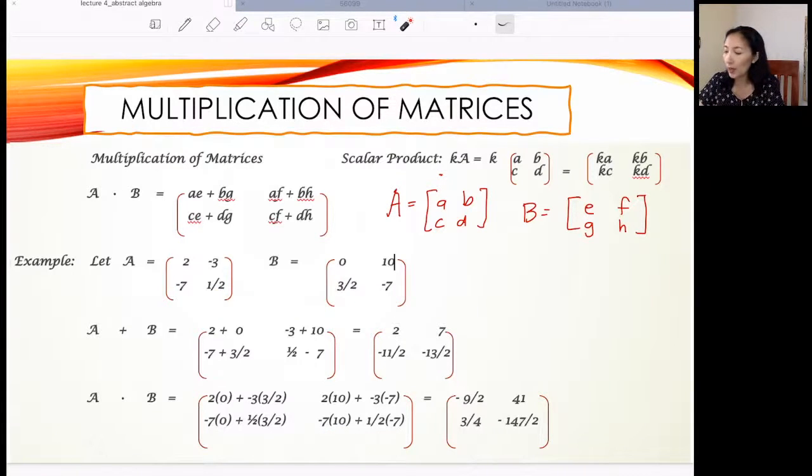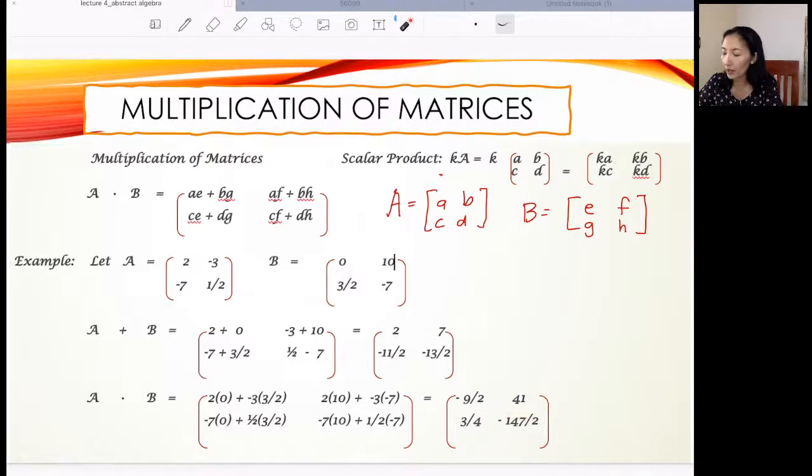Okay, which when simplified gives 2 times 0, 0 plus negative 3 times 3/2 is negative 9 over 2. Correct. Next, 2 times 10 is 20 plus negative 3 times negative 7 is positive 21. So you have 41.